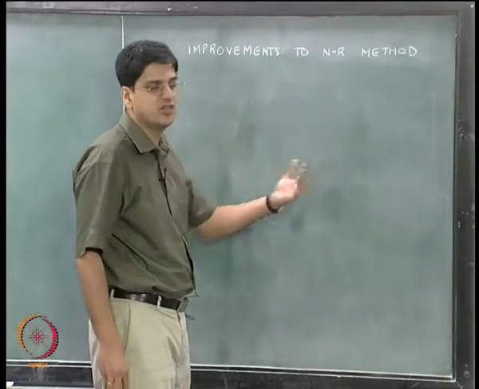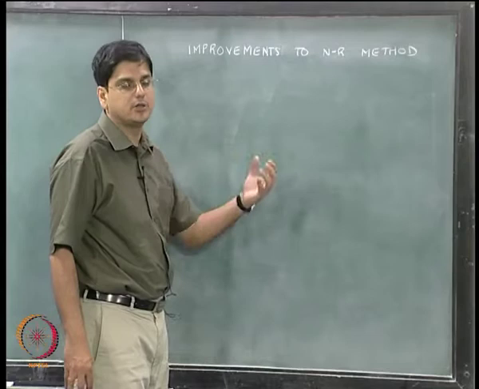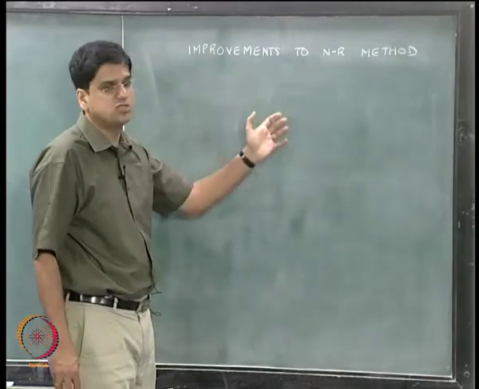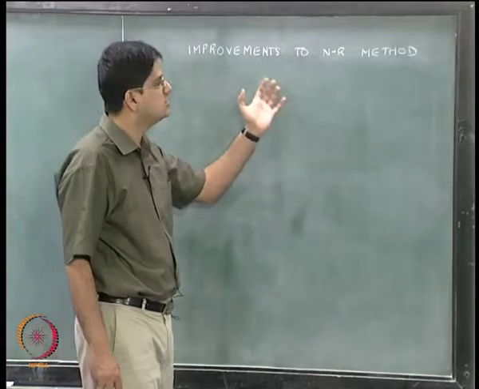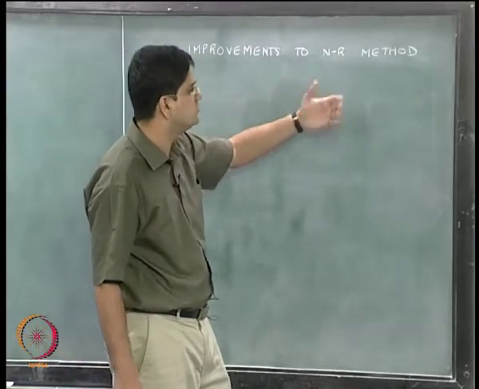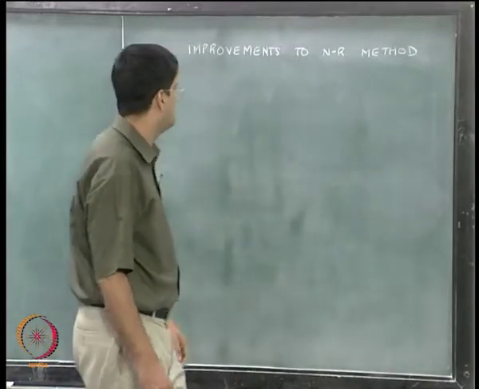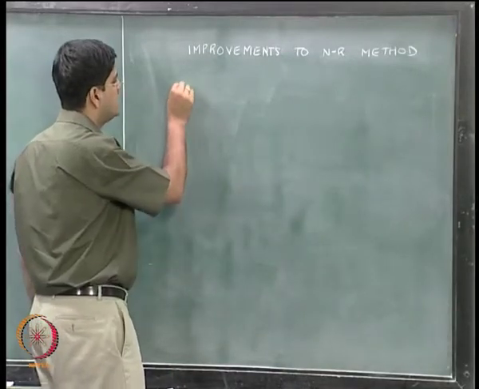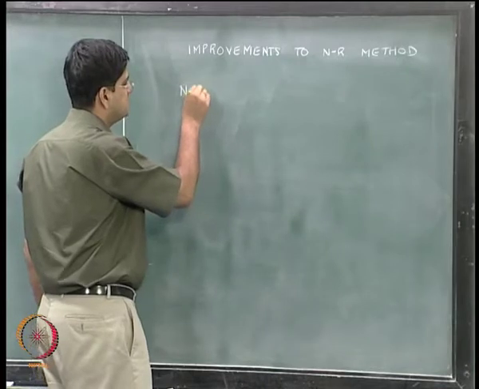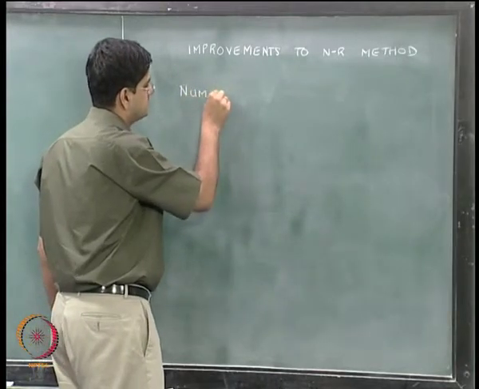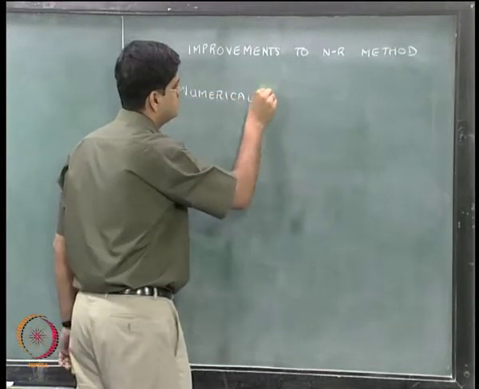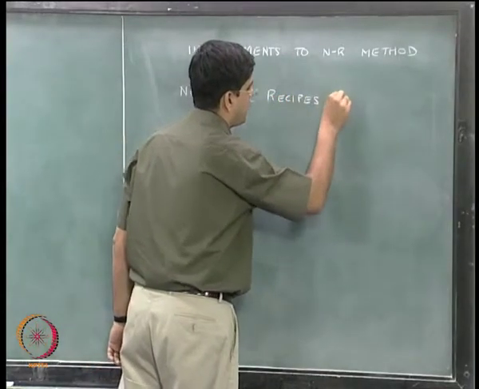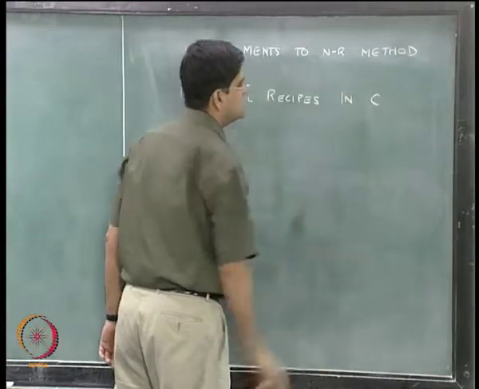We have come up with these improvements in the last 80 to 100 years, and to look at them, you can use various sources. One very good source to start off with is Numerical Recipes in C or Fortran.